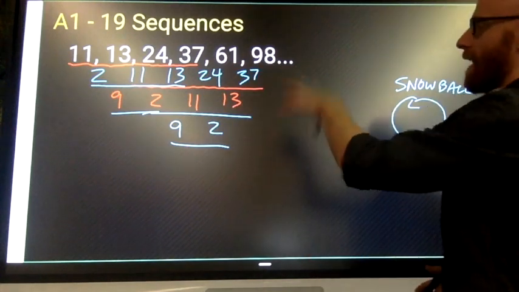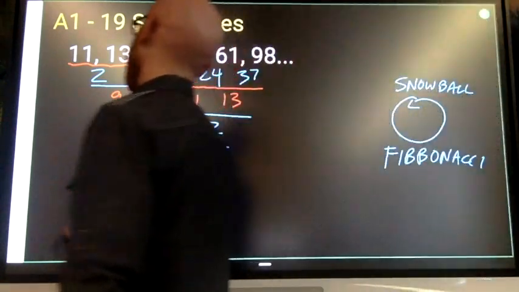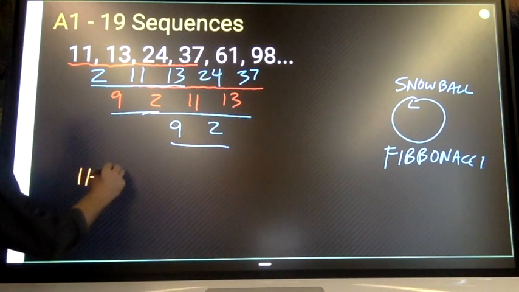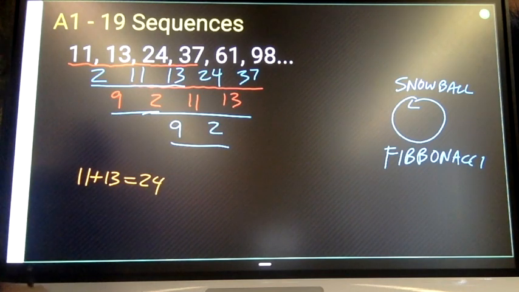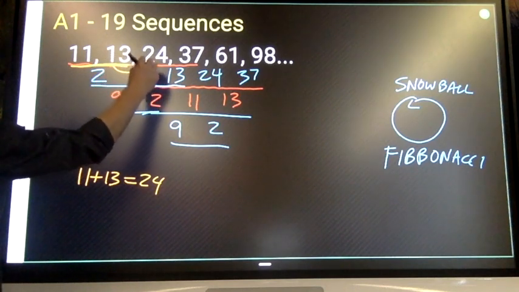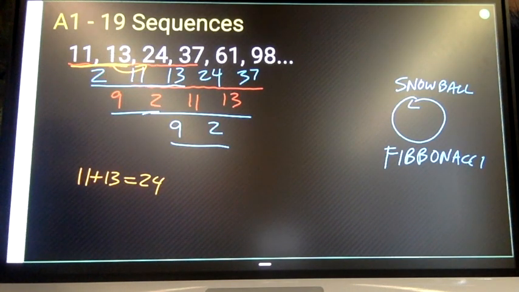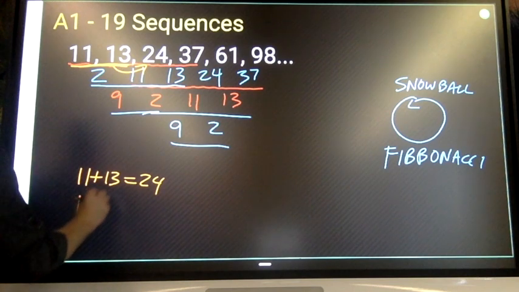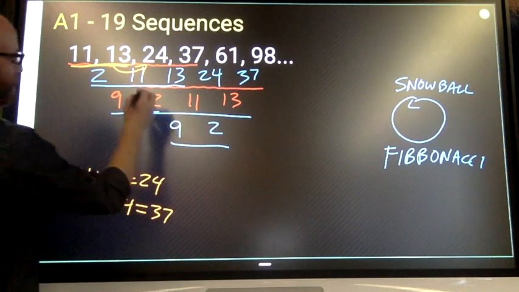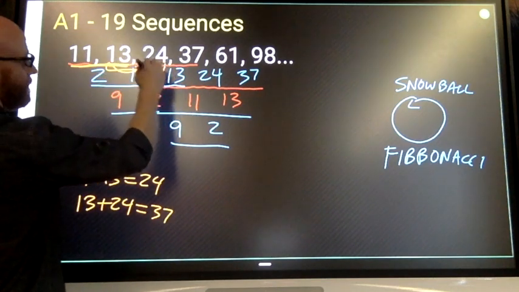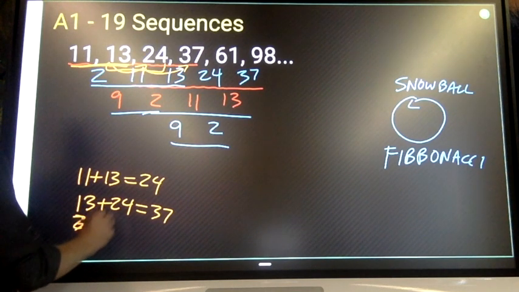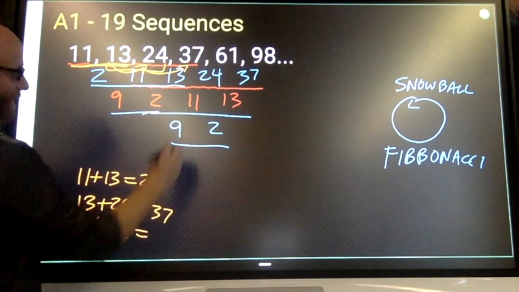If you see that happening, this is how it's being built. 11 plus 13 is 24. 13 plus 24 is 37. 24 plus 37 is 61.